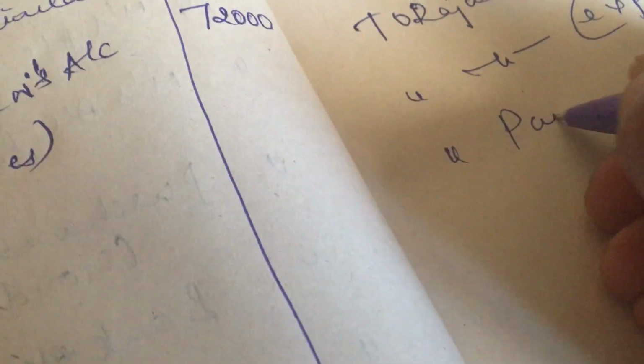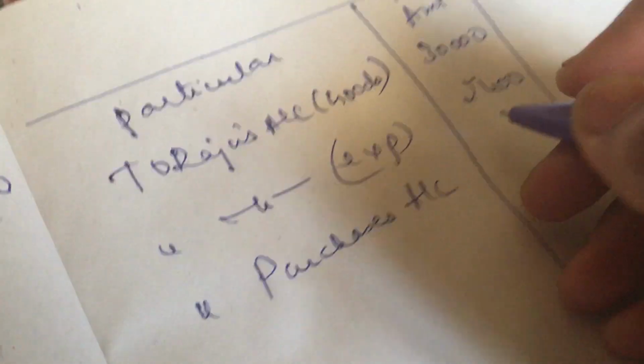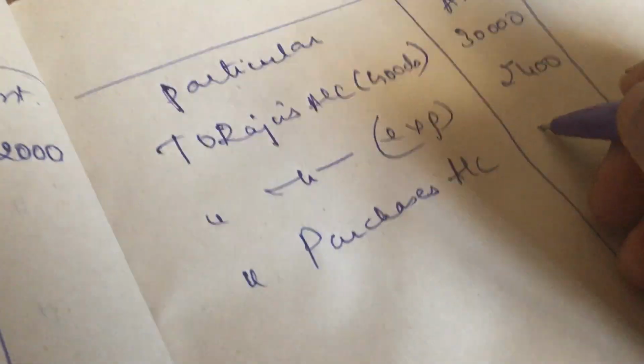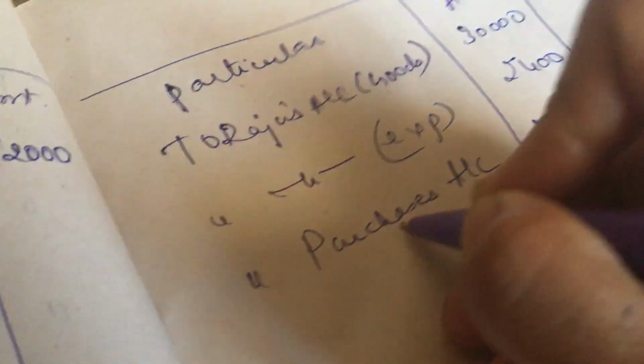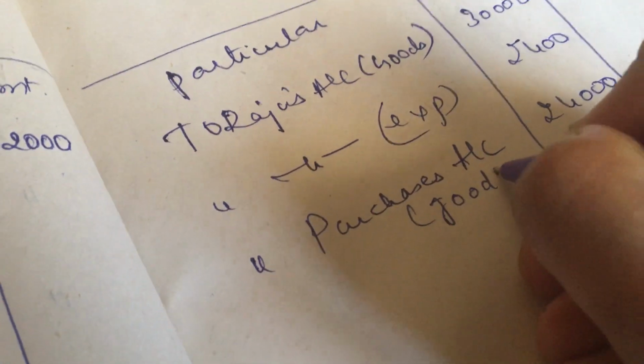And for Rani's goods supplied it will be to purchases account. The amount she paid for the goods supplied is 24,000.